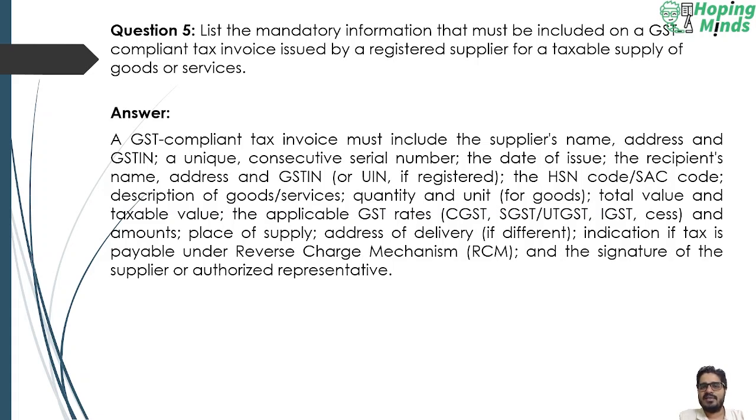As a supplier, the supplier must mention certain mandatory details in the GSTR1 return, and if such particulars are not present in the GST compliant tax invoice, GSTR1 return cannot be filed.